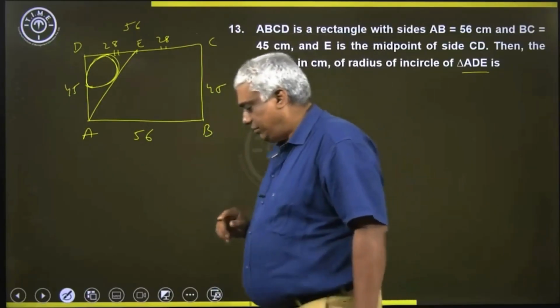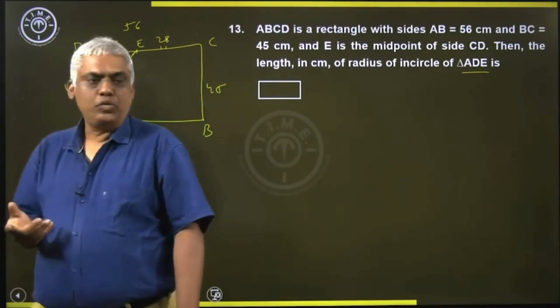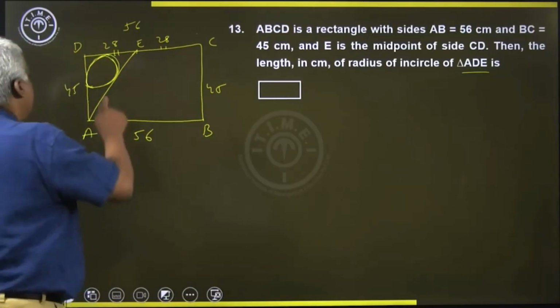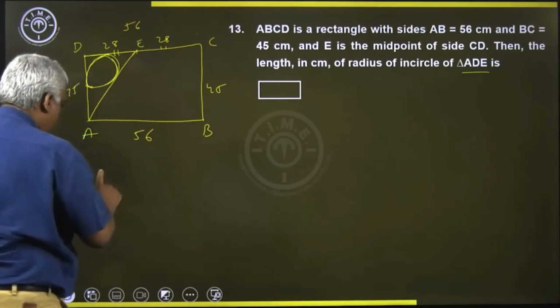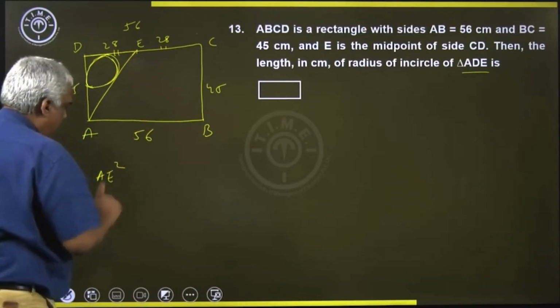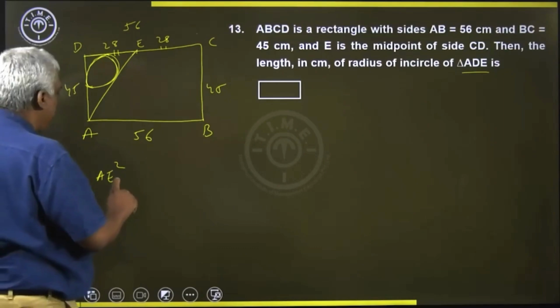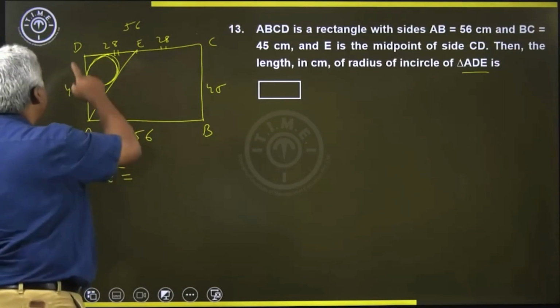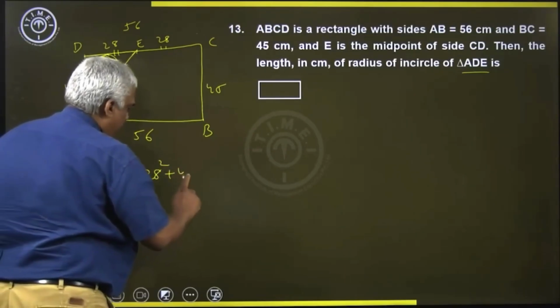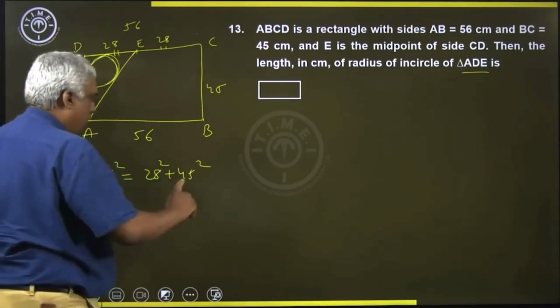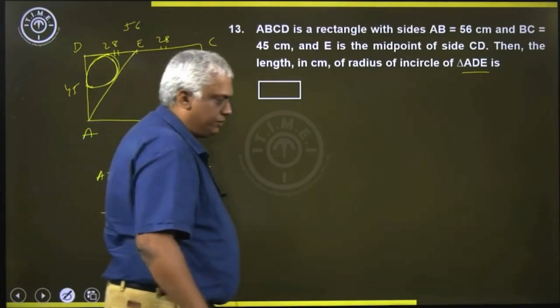The in-circle is a circle touching all 3 sides. Now we can do 2 things. This is 28, this is 45. We can find AE. So AE square is equal to 45 square plus 28 square. Okay, 28 square will be how much?